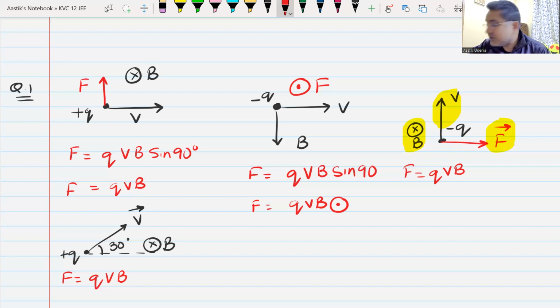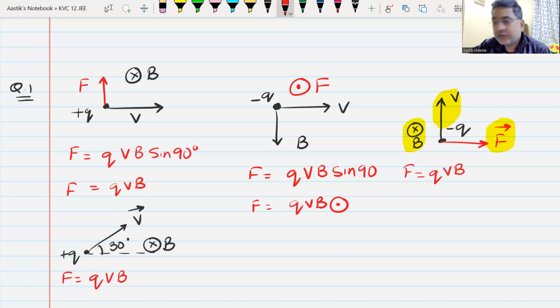In which direction is B going? Do we understand this? Yes, sir. Which direction? Inside. Where is your V? Inside means which axis?